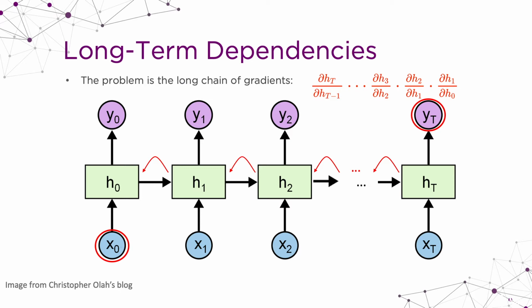And that's because I have to go from every h_t to the previous h_t minus 1, and I have to do that until I arrive to the first one, h0 here. So we said that this sequence can be very long, let's say 100. So we have these 100 elements that we are multiplying.